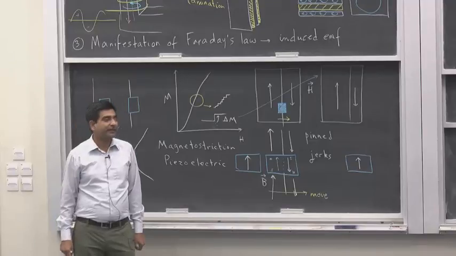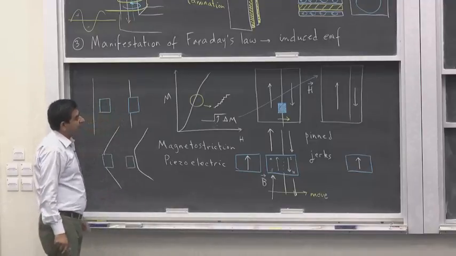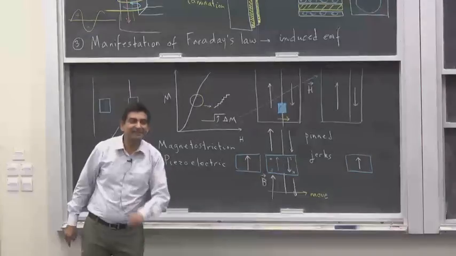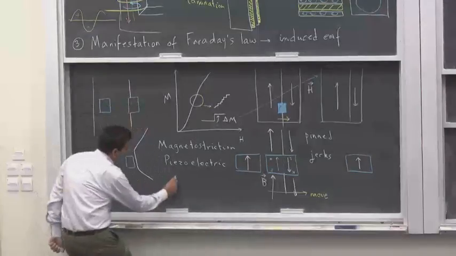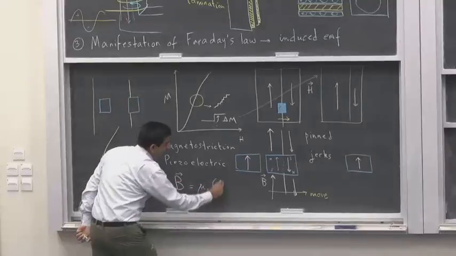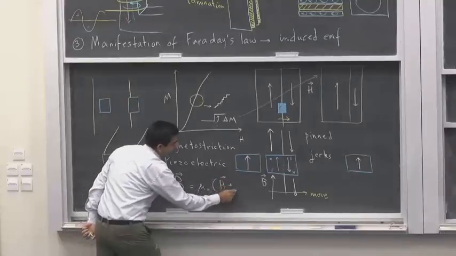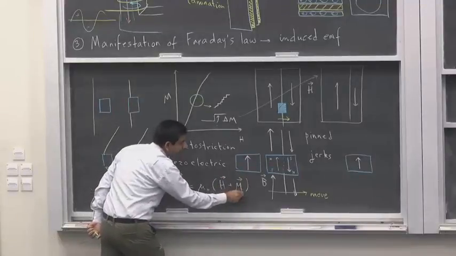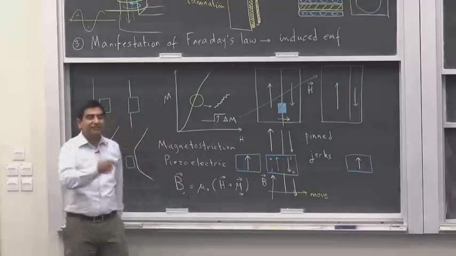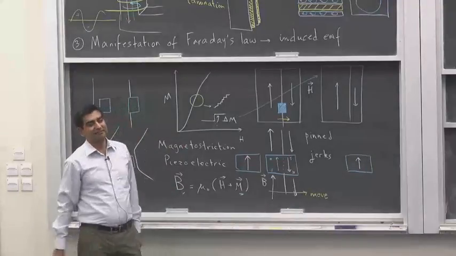Okay? The other property that's going to take place is whenever there's a sudden change in magnetization, which means that the field inside the material is going to change, because the field inside the medium is mu naught (H plus M). Now if this M is suddenly changing, there is a sudden change in B. A sudden change in B will produce an eddy current.